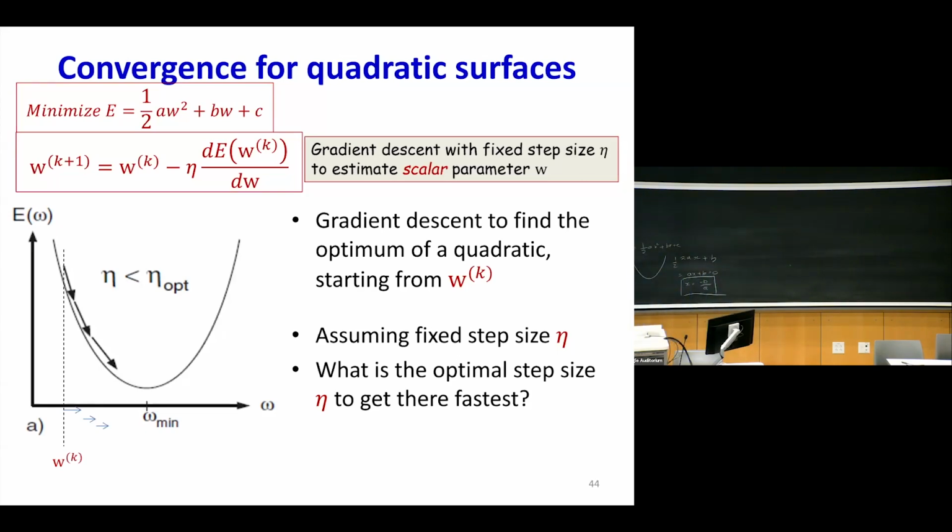But I can also solve for the minimum in a different way. I can start off at some initial point. I can take steps against the derivative till I get to the bottom, right? So what is the approach I will use?